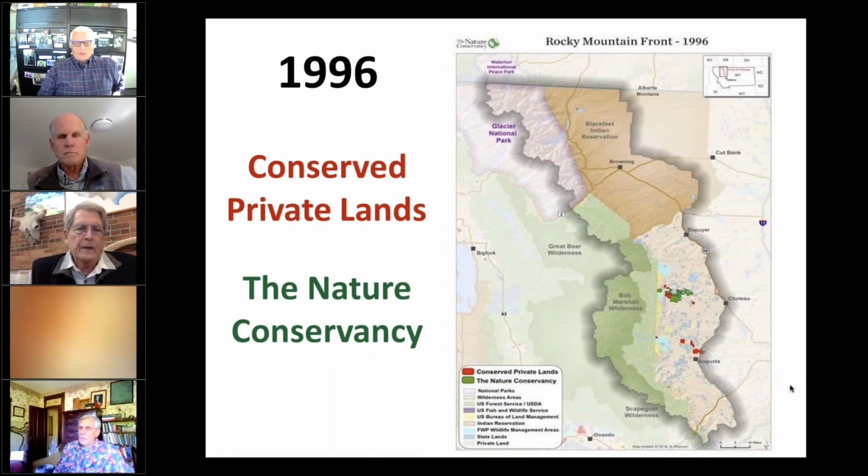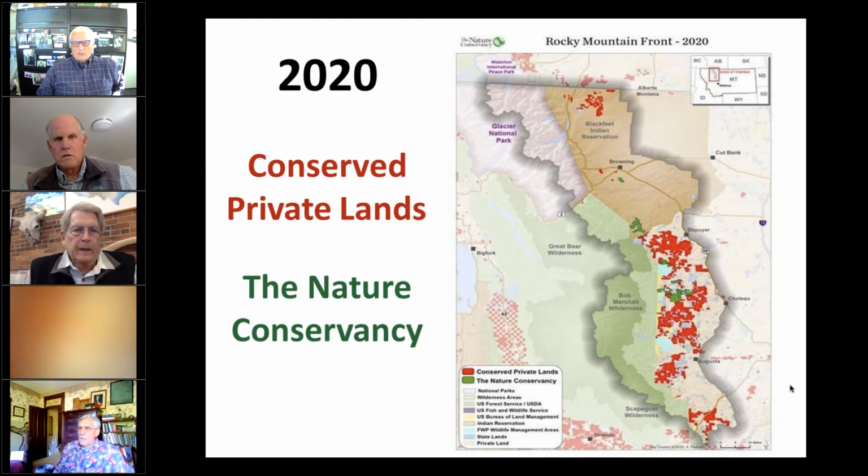Here we see a very telling graphic. This is dated 1996. You can see how little total private land conservation there was at that date. These tiny little red dots up there, and in the middle you can see the Nature Conservancy's Pine Butte Preserve. Now look, fast forward to 2020.